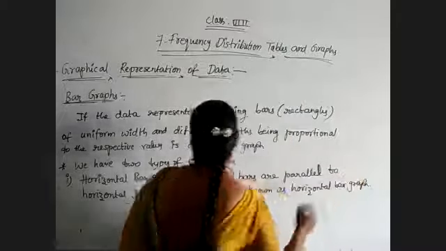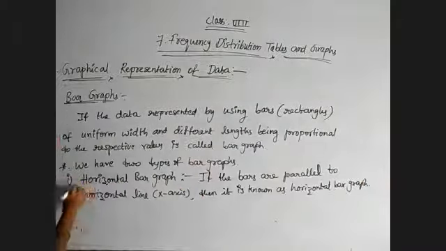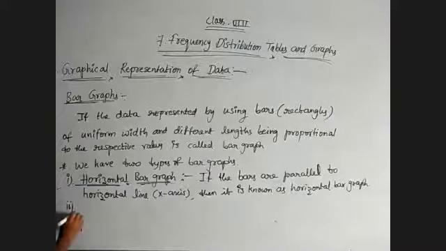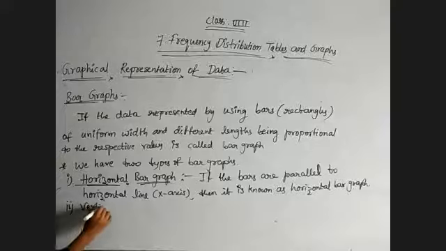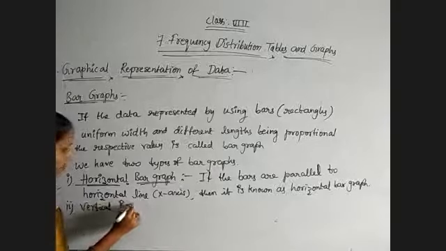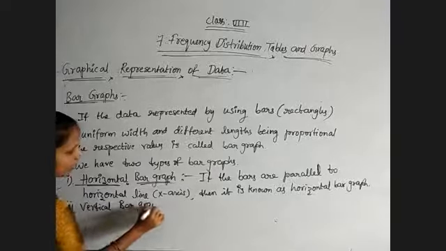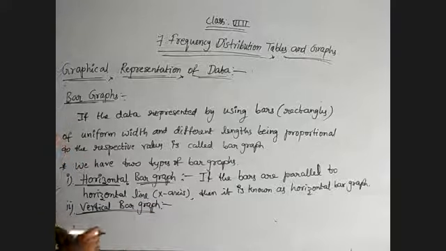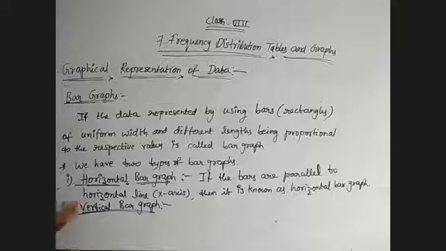And secondly, we have the vertical bar graph. So double bar graph means at a time we will compare two different things, okay? Two different topics at a time we will compare.